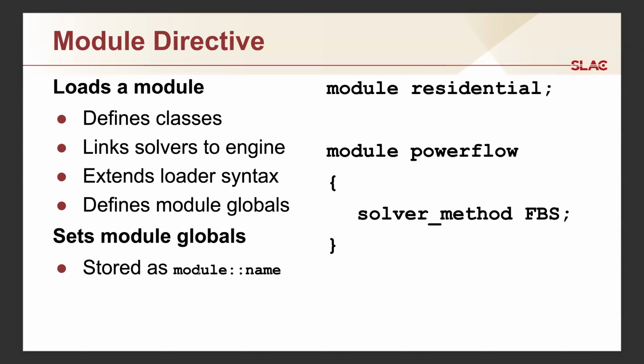It's the prefix with a double colon separating the module name from the name of the global variable. And so we'll see this later on in situations where we want to access a particular global variable that belongs to a module. This will be how we would refer to it.